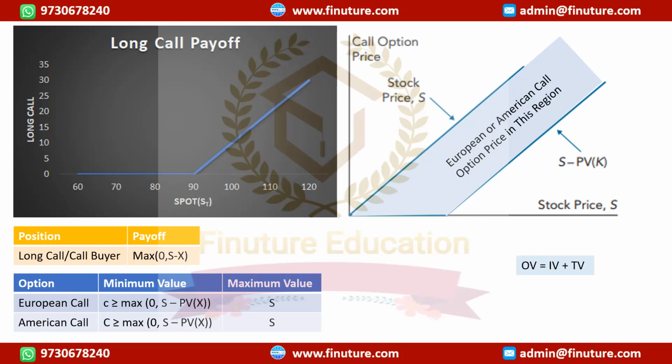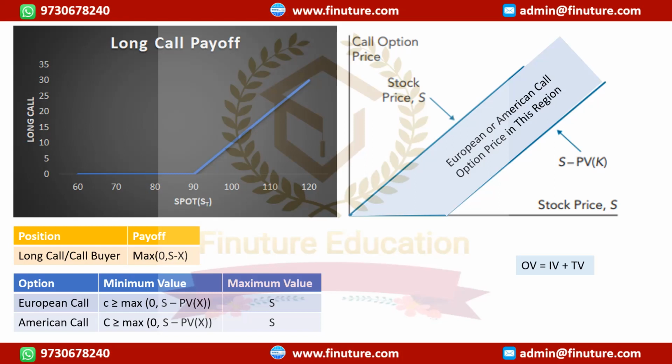We saw that the call payoff formula was the maximum of 0 and spot minus your strike price. But we are not considering the time value here, because we are trying to estimate a lower bound, not really a minimum value. Eventually an option can have a minimum value of 0.